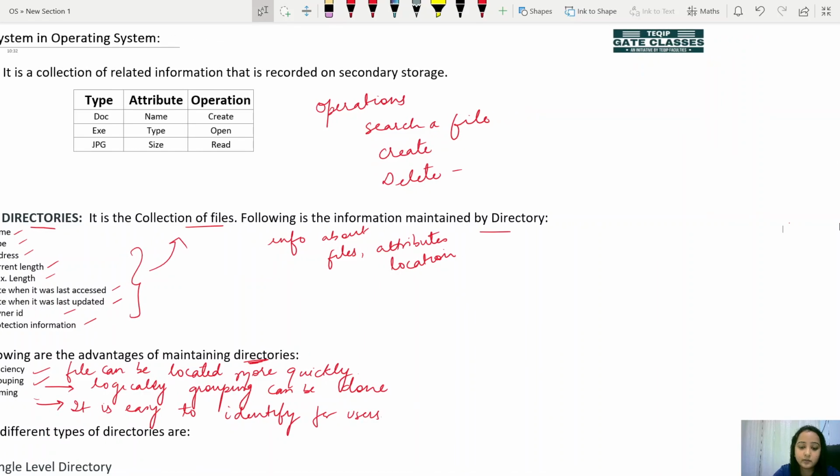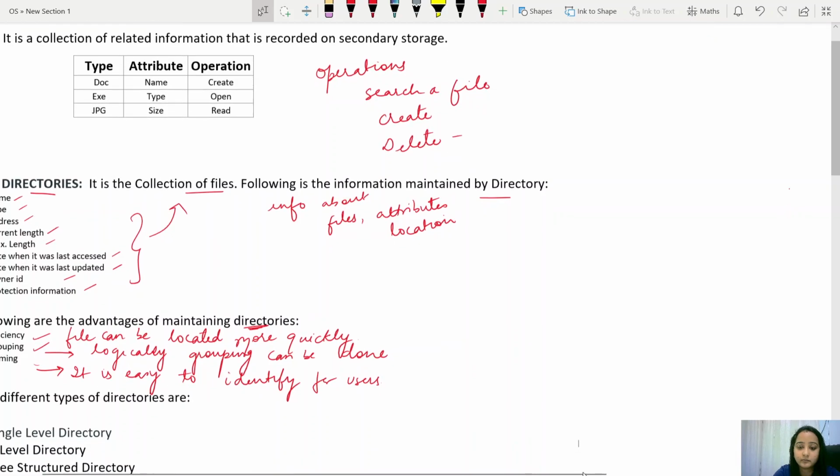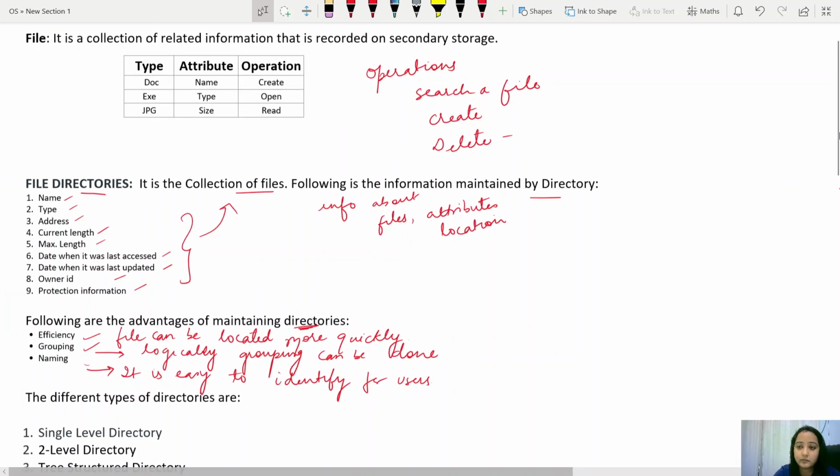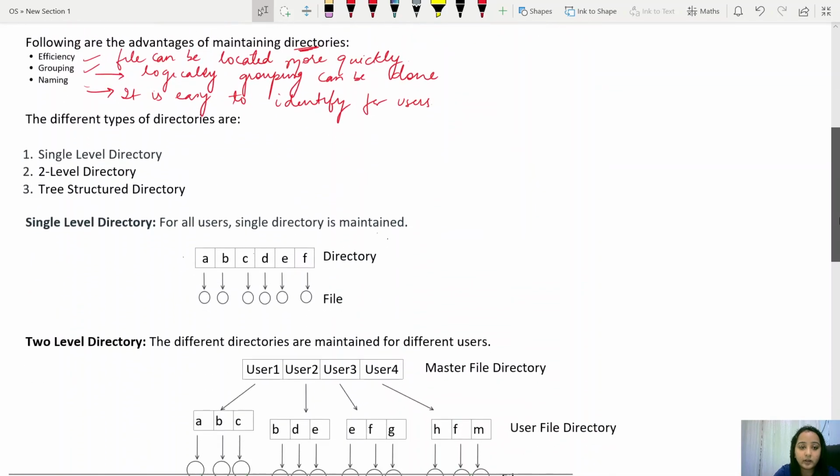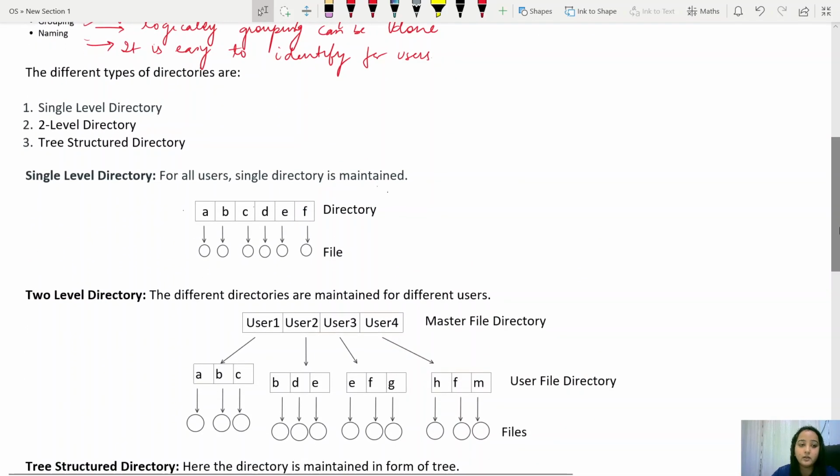Next, we have different types of directories. The first type is the single level directory, then the two level directory, then tree structure directories.